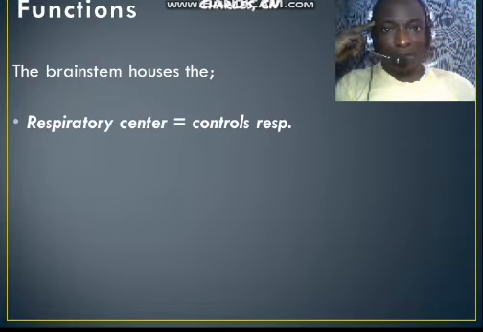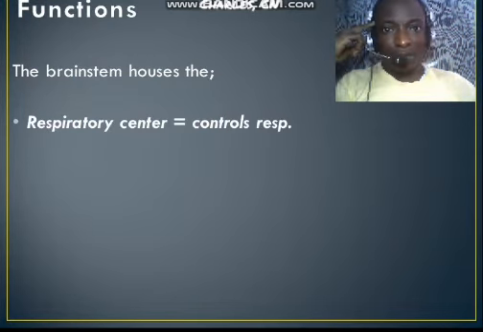Okay, that is why pain is associated with sleeplessness. If you are having a severe pain, it is very difficult for you to sleep because this structure in the brain will keep you awake. Alright, we'll talk more on that when we get to sleep, pain physiology. Now finally, the cerebellum.